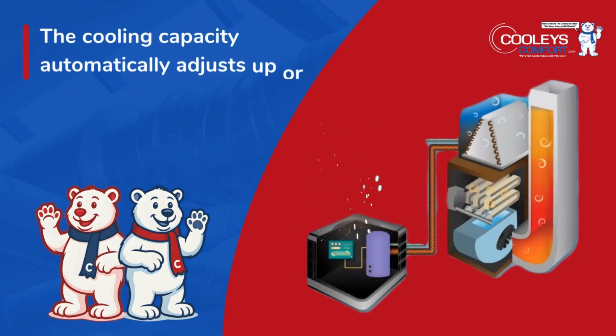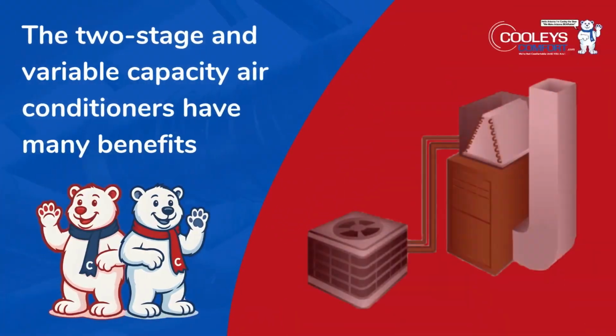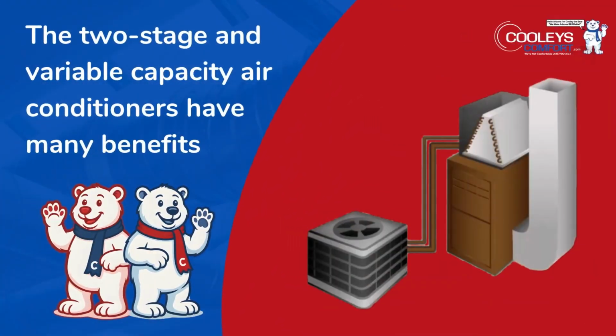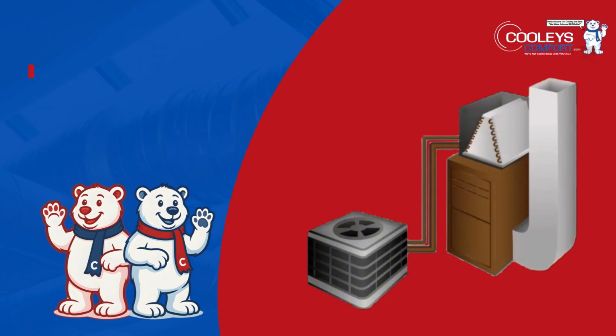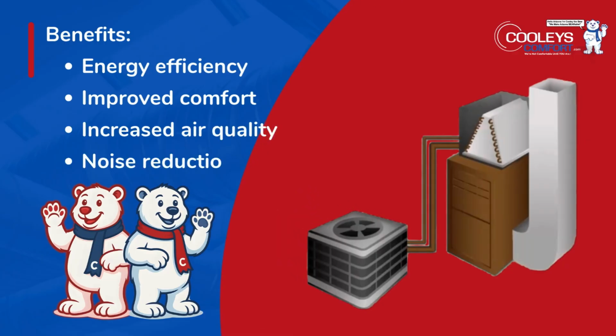The cooling capacity automatically adjusts up or down based upon cooling demand to use only the precise amount of energy needed. The two-stage and variable capacity air conditioners have many benefits: energy efficiency, improved comfort, increased air quality, noise reduction.